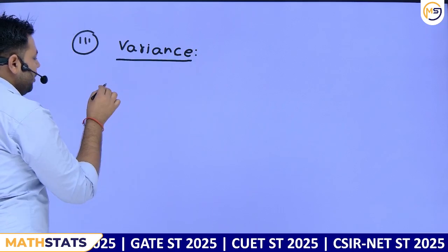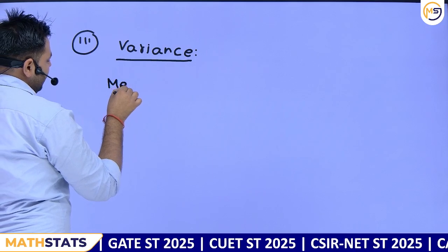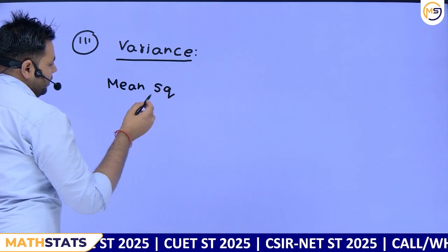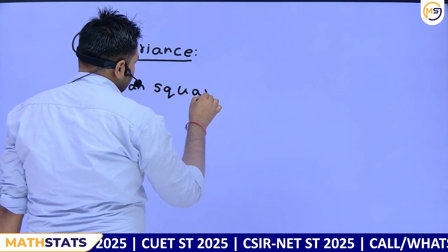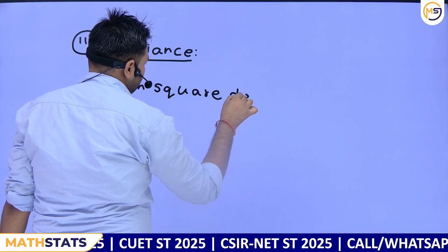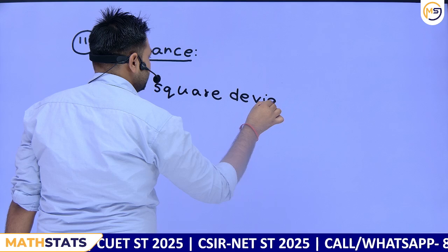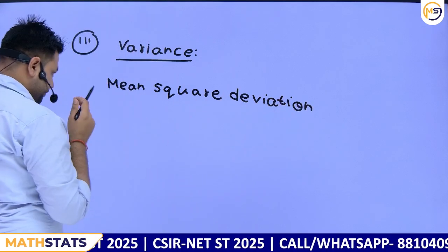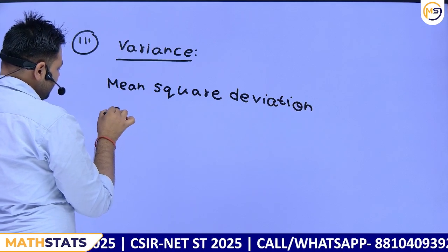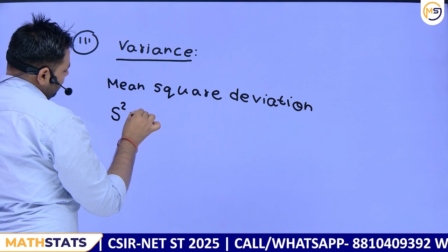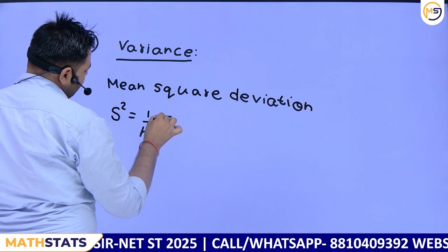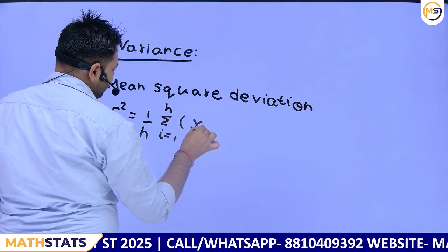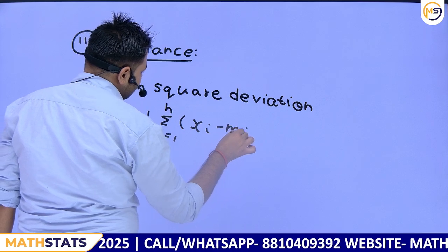So first we talk about mean square deviation. Mean square deviation s square is equal to 1 upon n summation i equal to 1 to n, xi minus m whole square.